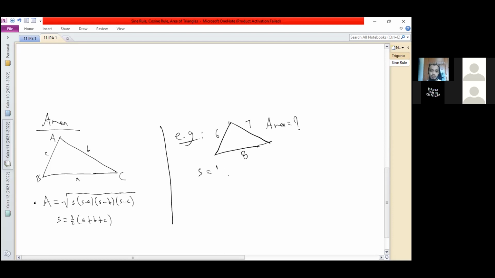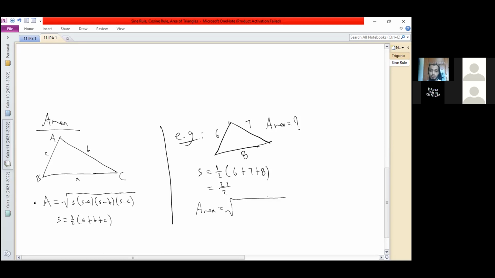So S equals 1/2 times 6 plus 7 plus 8, which is 21, so 21 divided by 2, so 10.5, or 21 over 2. And then what is the area? The area is this one.